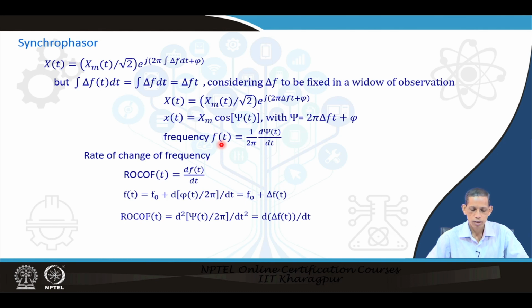Once we have f(t) from this angle, we can get df by dt. Now f(t) equals f_0 plus d psi(t) by 2 pi dt, that is f_0 plus delta f(t). So the rate of change of frequency equals d squared psi(t) by dt squared over 2 pi, which equals d f(t) by dt.